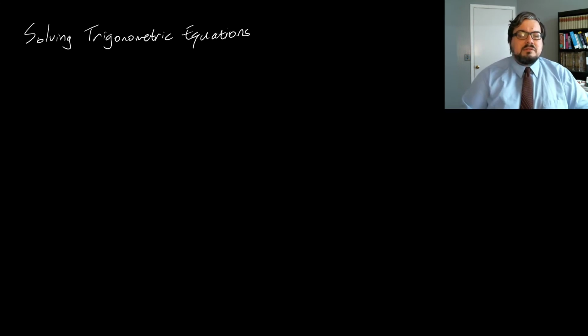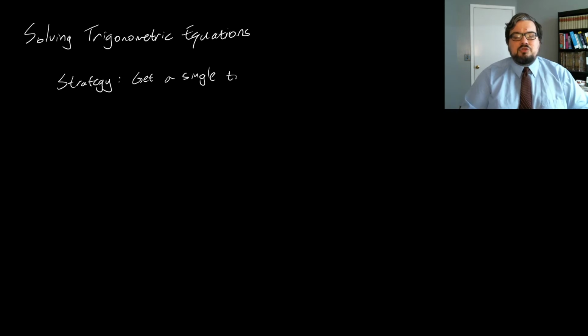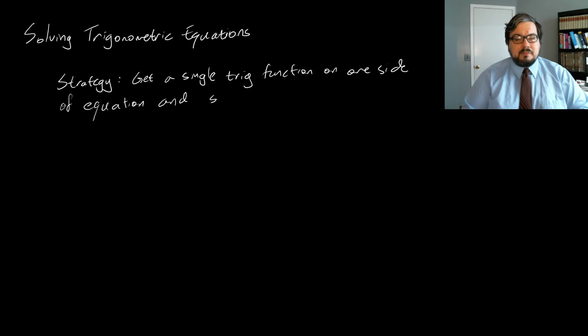So the general strategy that we're going to use for solving trigonometric equations is going to generally be to get a single trigonometric function on one side of the equation and a single number on the other side.